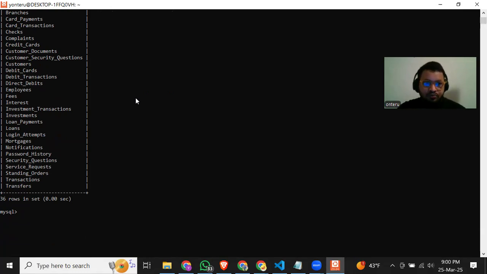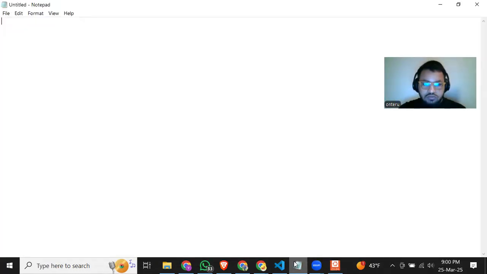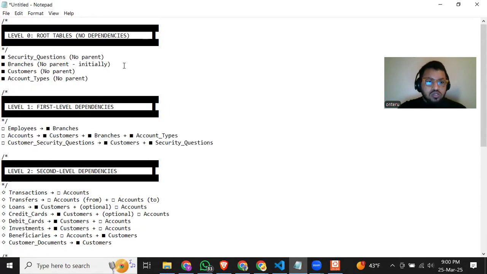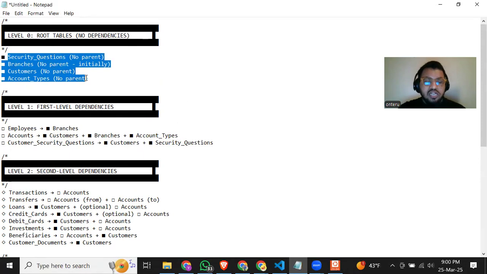I mean, one to one: what is the relationship between every table? Okay, so these are the root tables, meaning parent tables. These are the independent tables.